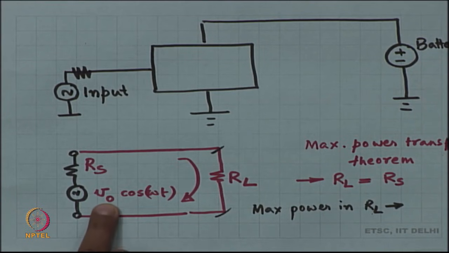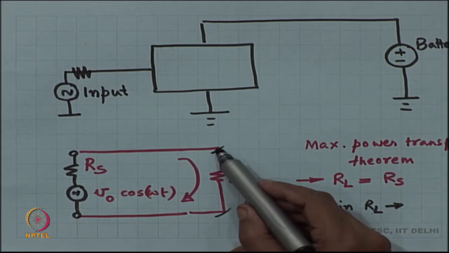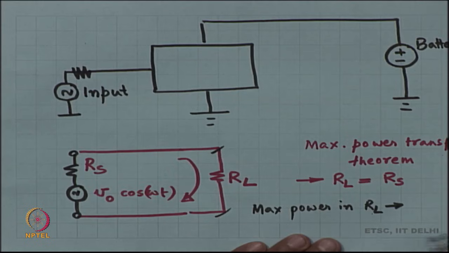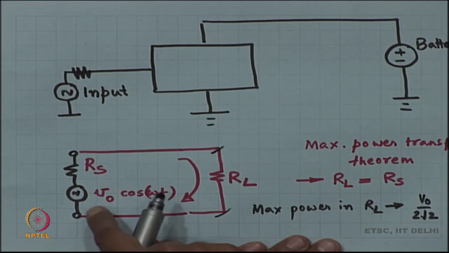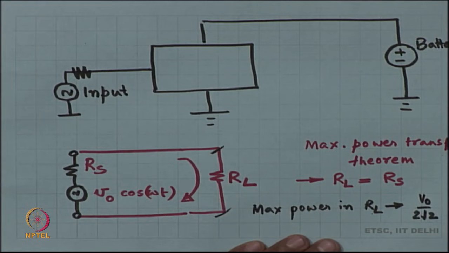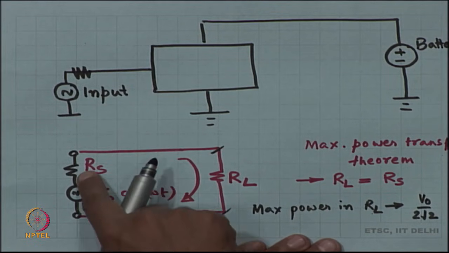So, the phasor for this is going to be V naught by root 2. So, the phasor voltage across R L is going to be V naught by 2 root 2. And the phasor current is going to be V naught by root 2 by 2 R s.